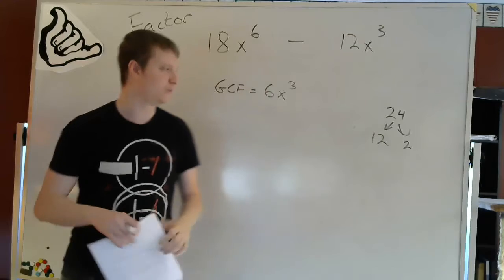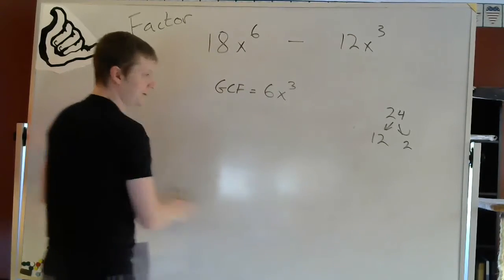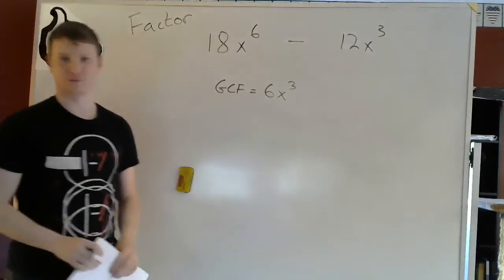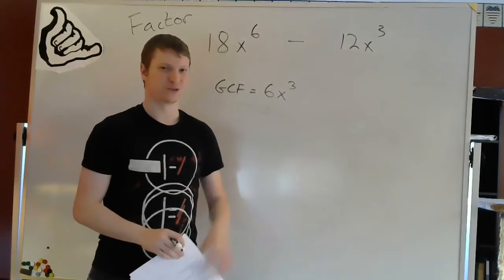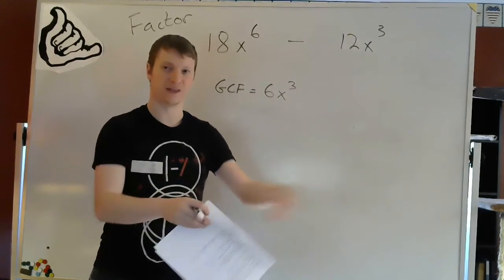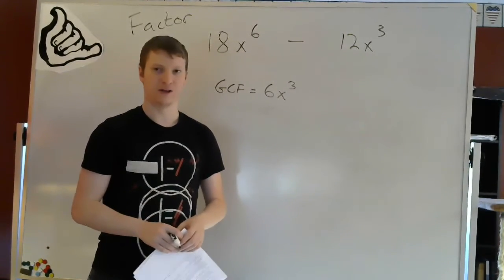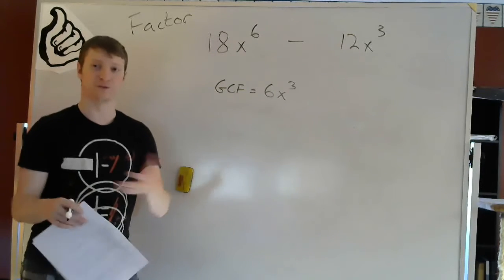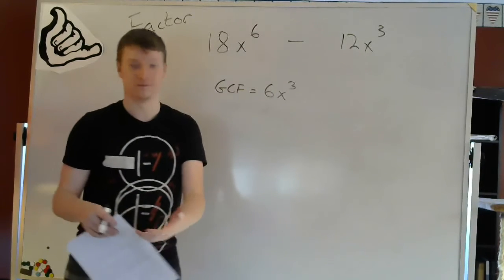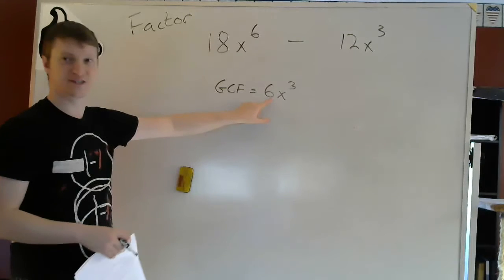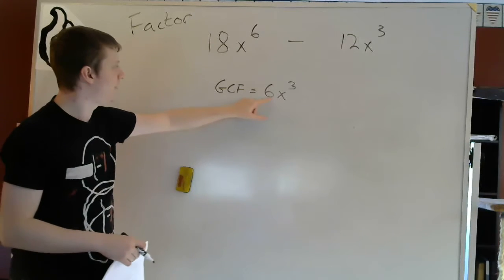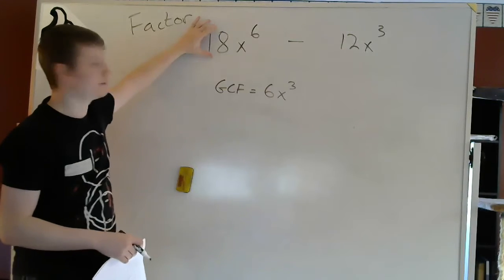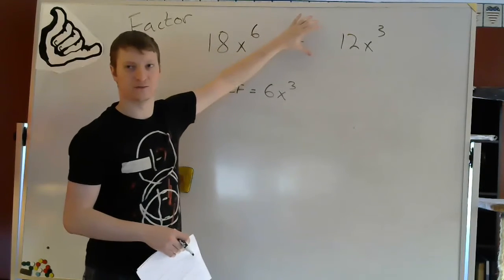It ends up being a little bit weird, but factoring is almost like going backwards from multiplication. We learn how to distribute into another polynomial, and we're kind of undoing that process now. To undo multiplication, we do division. So we're going to take this GCF we just found and have it be the divisor for 18x to the 6th and for negative 12x cubed.